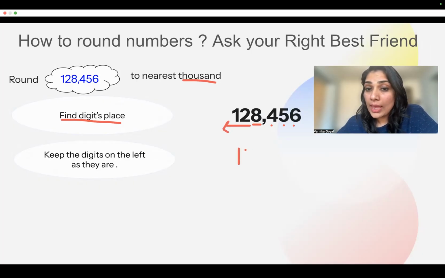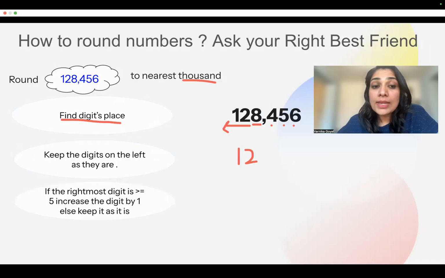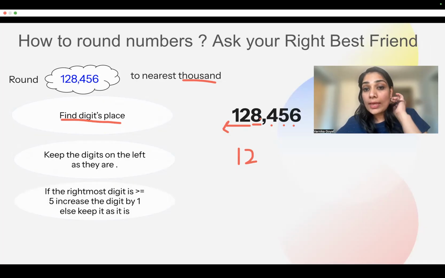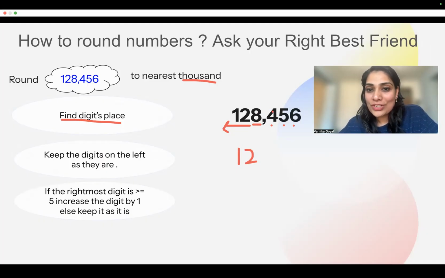So 1 and 2. The next step is that we look at this digit and we ask its best friend. You keep your best friends closer to you. So his best friends are 2 and 4. But whom should he consider? Always the right one, right? Because he is right. So we're going to go and ask his right best friend and say, are you greater than or equal to 5?